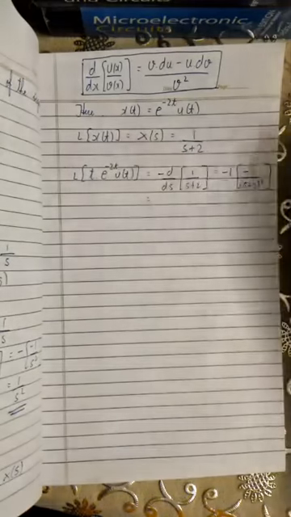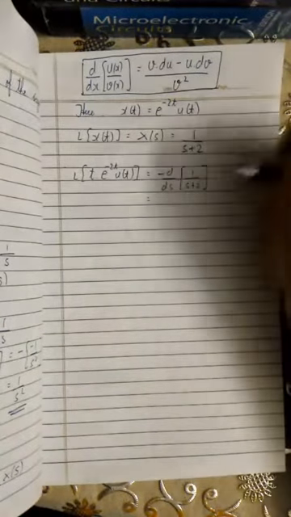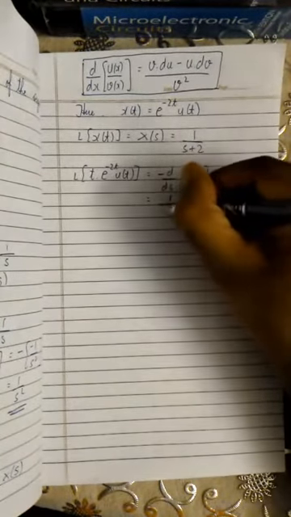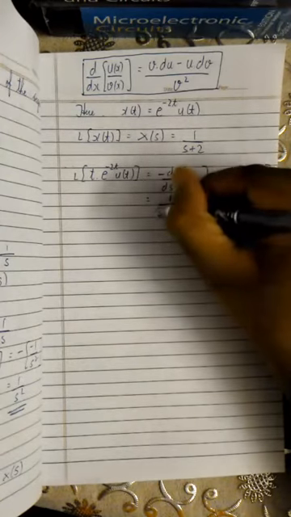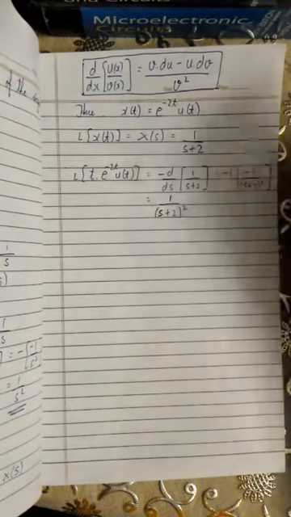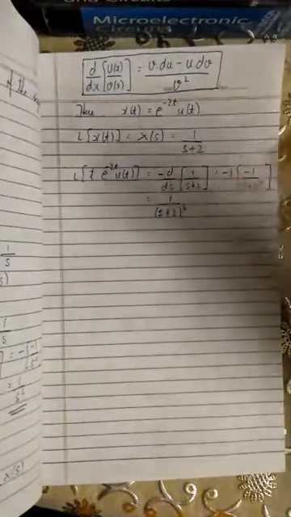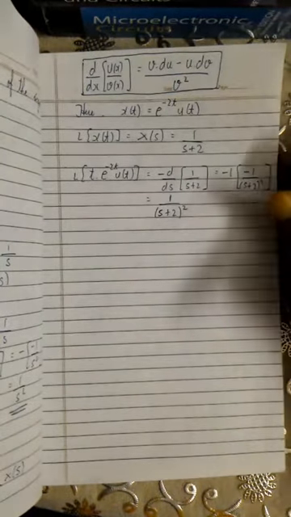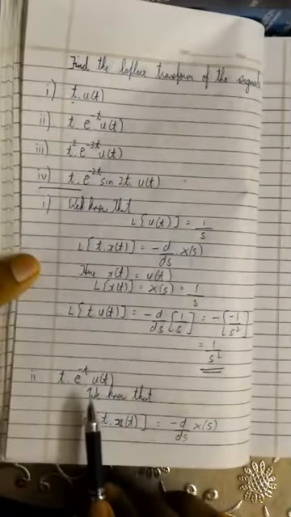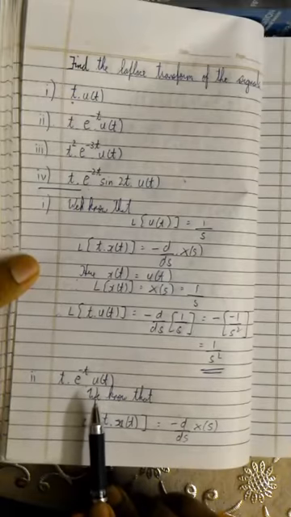So this is nothing but minus 1 into minus 1 is plus 1, 1 by s plus 2 the whole square. Suppose they are asking the ROC also, you should understand that the given question here is into u of t, so this is a right sided signal.